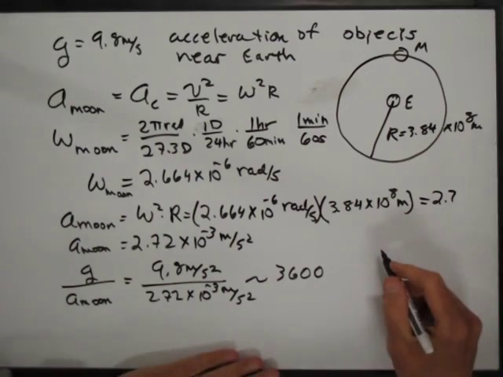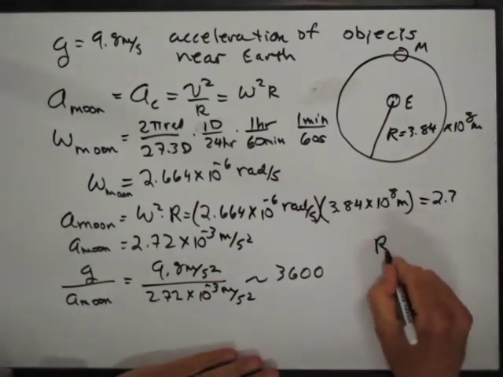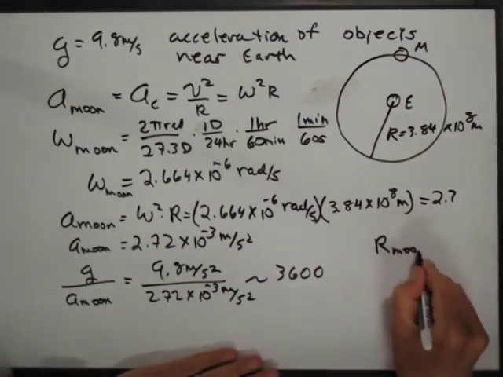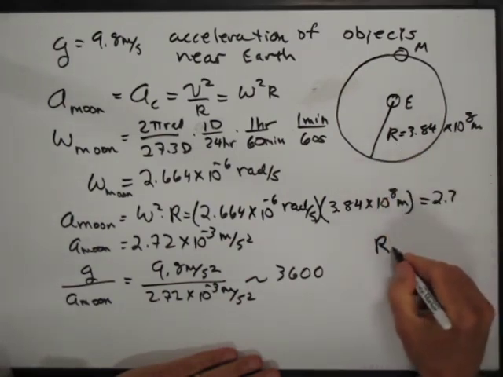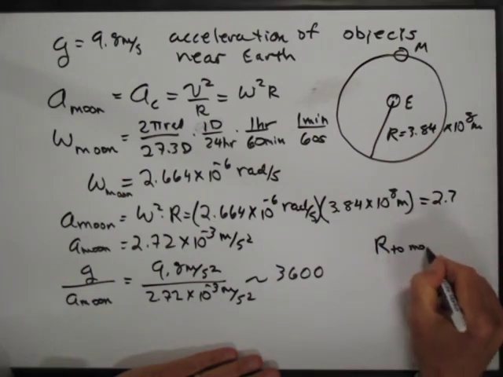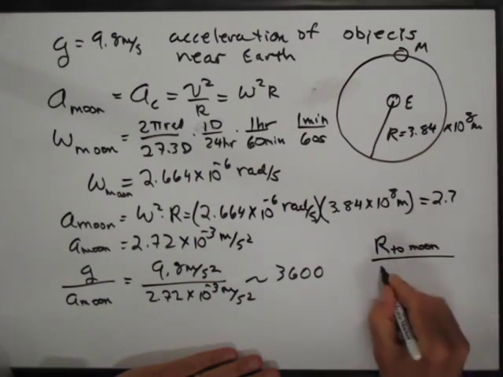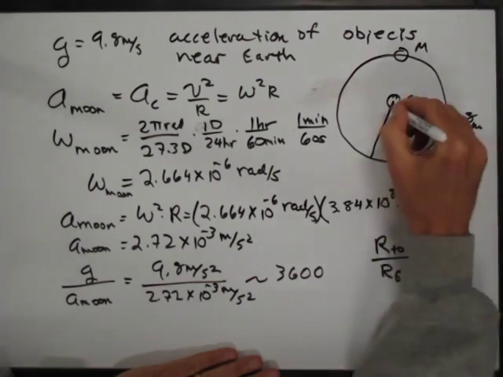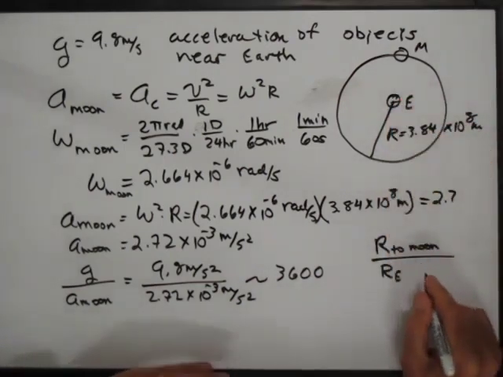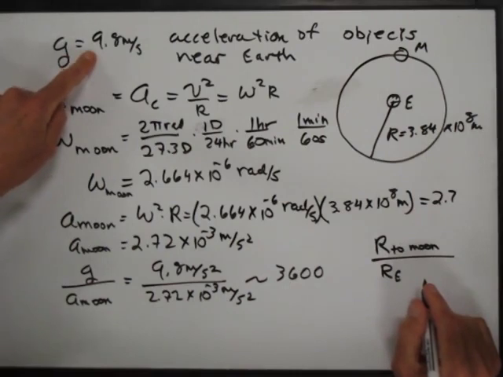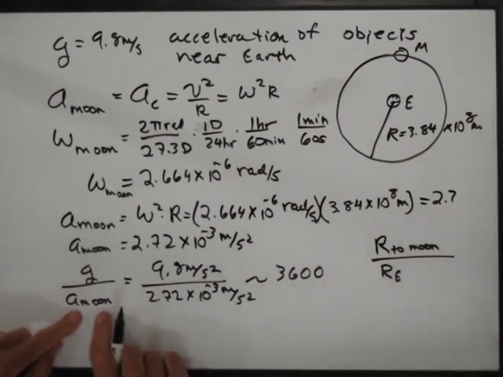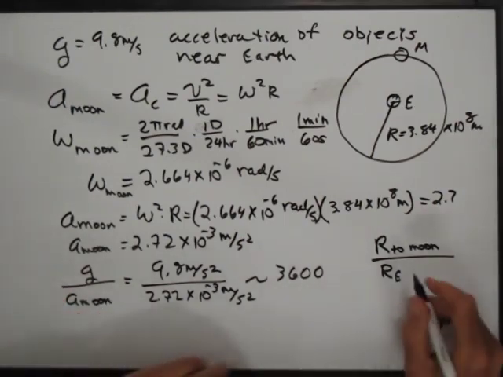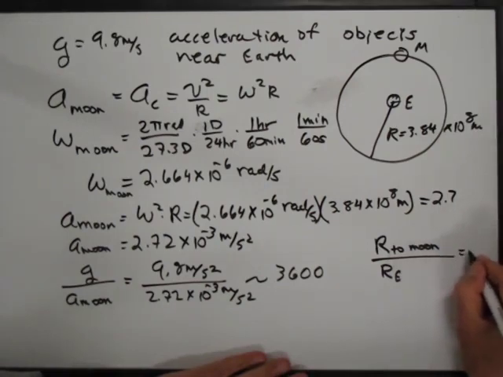Well, it turns out that the distance to the moon divided by the radius of the Earth, in other words, the distance from the center of the Earth to the surface of the Earth, where the acceleration is this, versus the distance to the moon, is about 60.